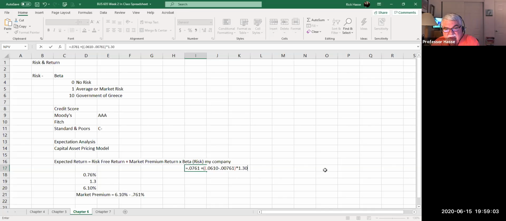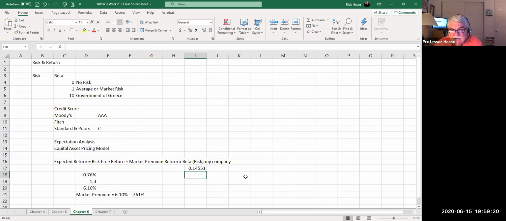In other words, I'm taking the risk-free rate plus the market premium. These are all decimals of those percentages. And I'm multiplying that spread, that premium, times the beta. And I get 14.51%. Wow. Let's put that into a percentage.